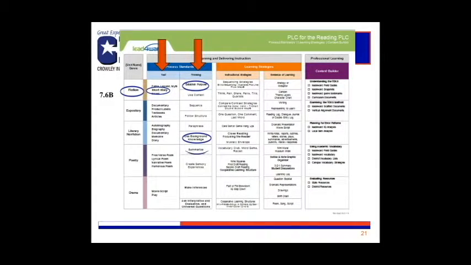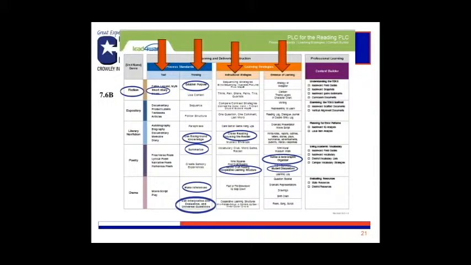The levels of thinking I've identified are to establish a purpose, use background knowledge, summarize, make inferences, and use various types of questions. The evidence of learning will be using the Notice and Note graphic organizer and listening to student discussions. And the learning strategies are to use close reading and cooperative learning structures.